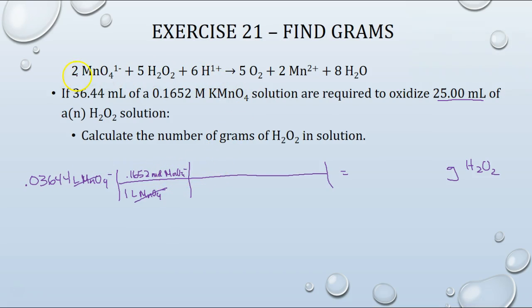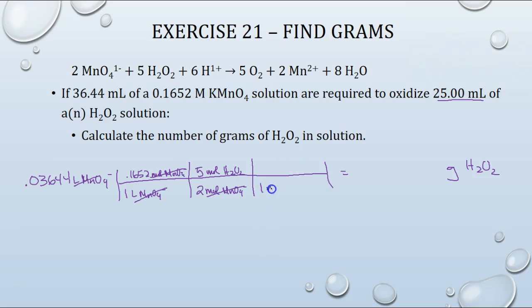Now I'm going to use the balanced equation to go to moles of H2O2. So I know that I have 2 moles of the permanganate to 5 moles of H2O2. Moles of permanganate are now gone.